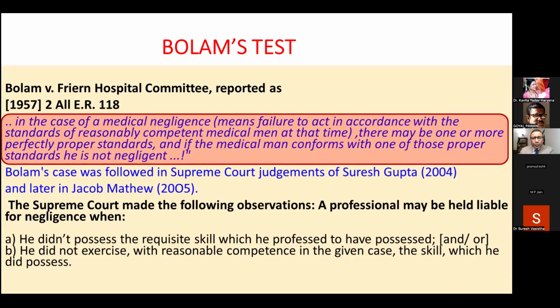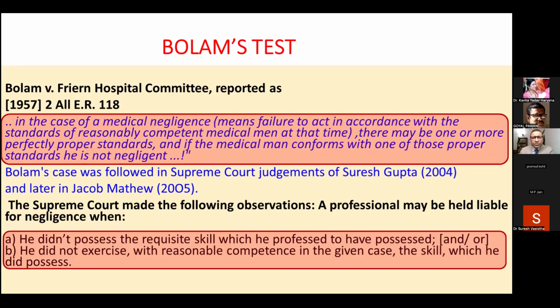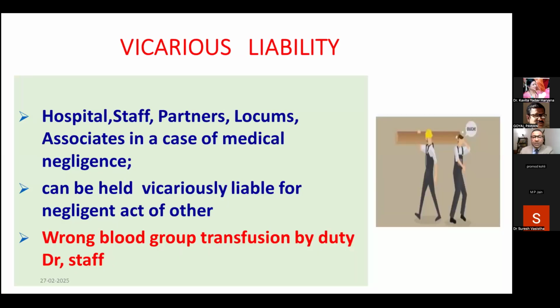And the Honorable Supreme Court made the following observation: that a professional may be held liable for negligence when he didn't possess the requisite skill which he professed to have possessed, or he did not exercise with reasonable competence in the given case the skill which he did possess. These are very clear, and these always come as a defense in our litigations or alleged cases of negligence.